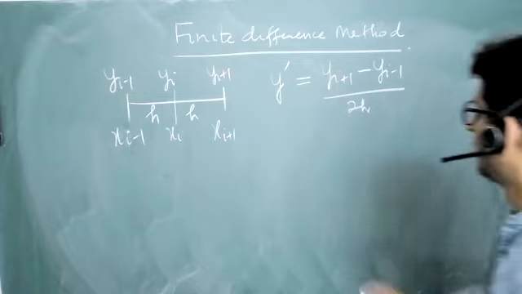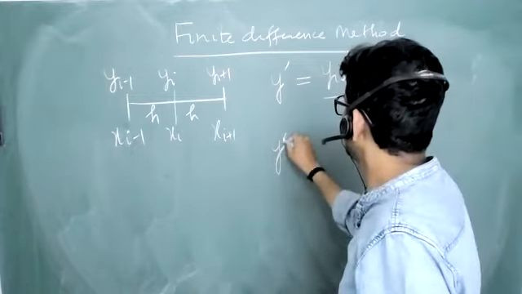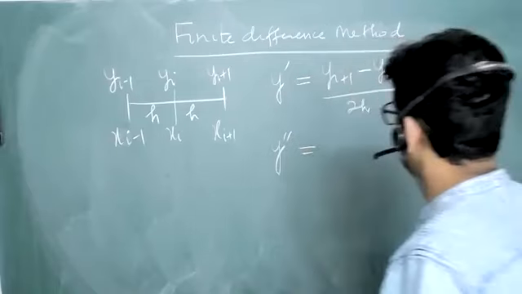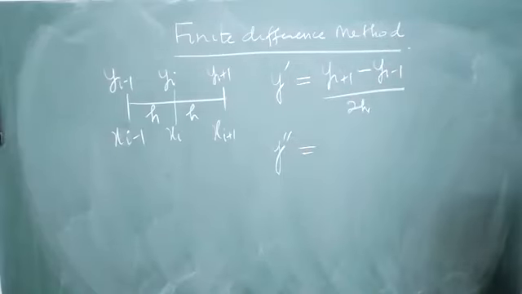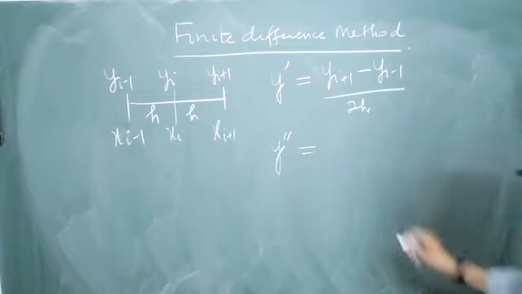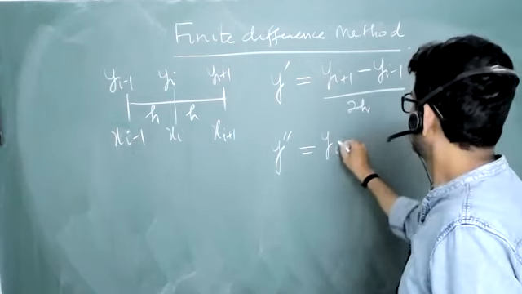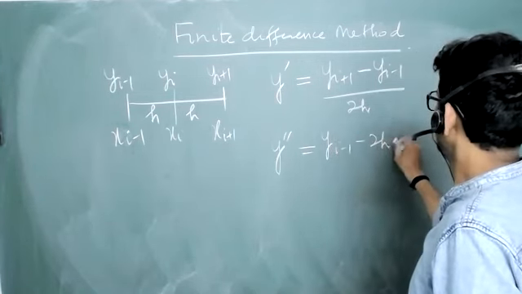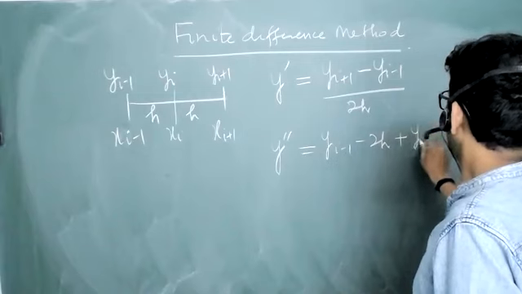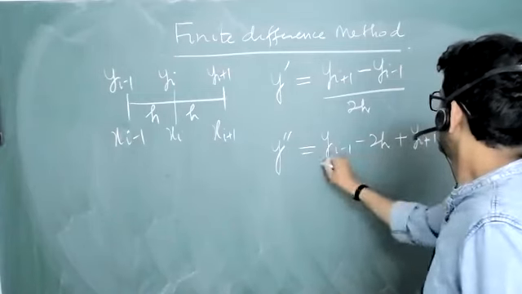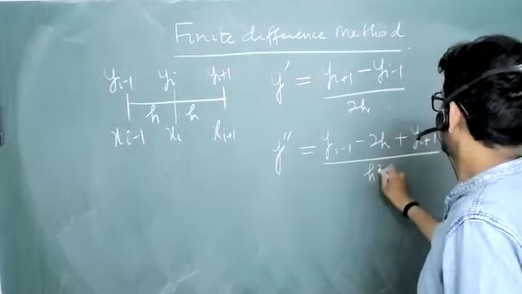And y double dash, these derivations are done using Taylor's expansion. I am not going into that. So just you will have to remember it for a little bit. Okay. So this will be yi minus 1 minus 2yi plus yi plus 1 over h square.